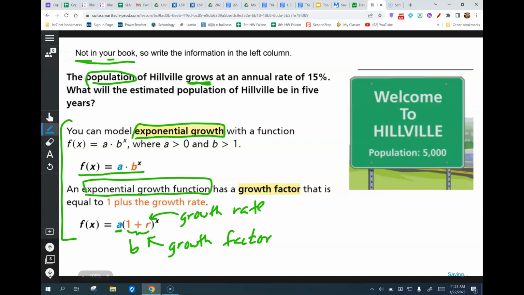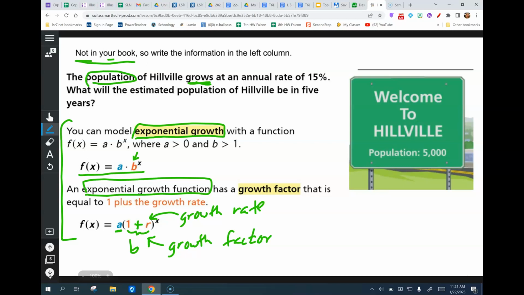And 1 plus r, so 1 plus the rate, because it's a growth, it's going to be a plus. You'll see later on what we call a minus. So the growth factor is 1 plus r, which used to be b. So this now becomes your growth factor, and this is the equation we're going to use.